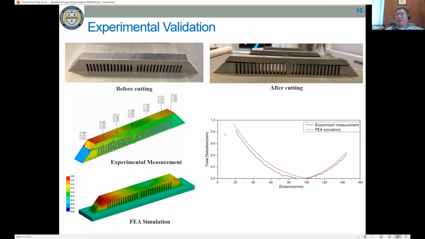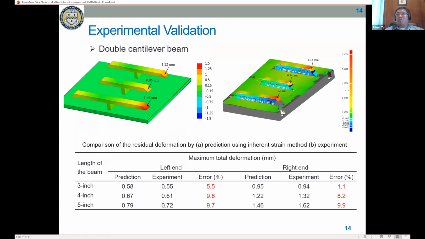But by and large, using the modified inherent strain method, we were able to capture the distortion quite well.